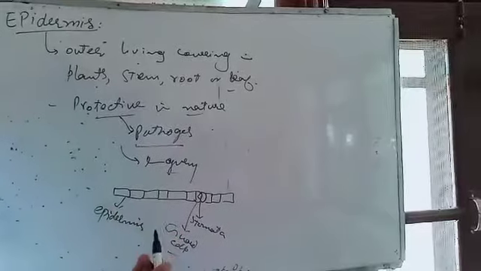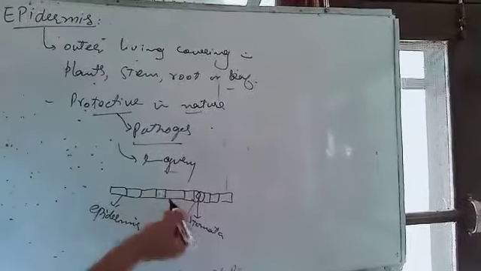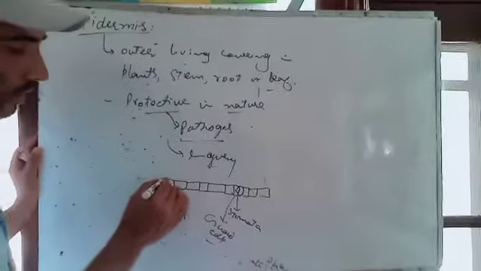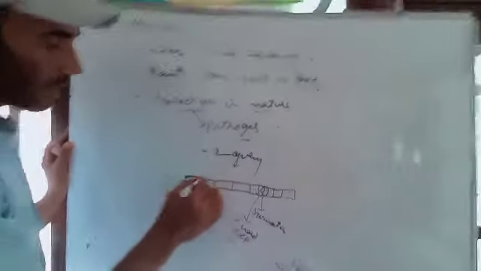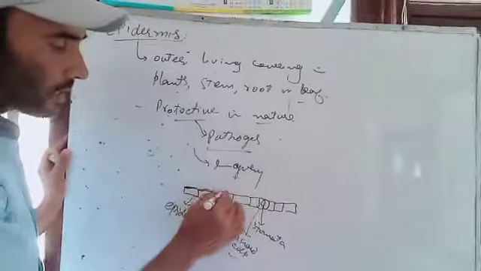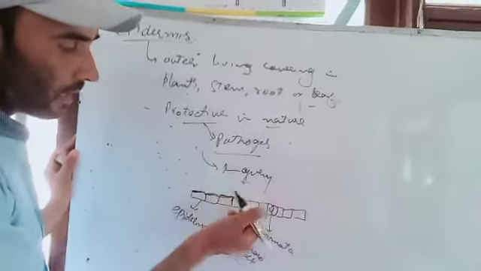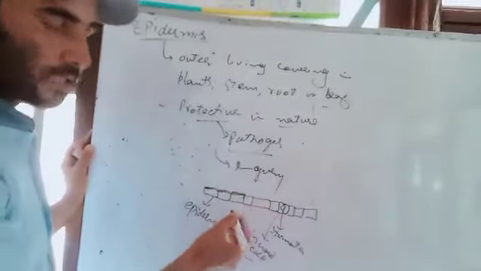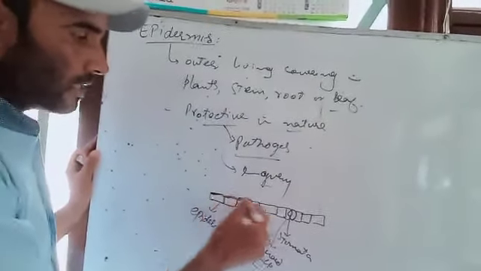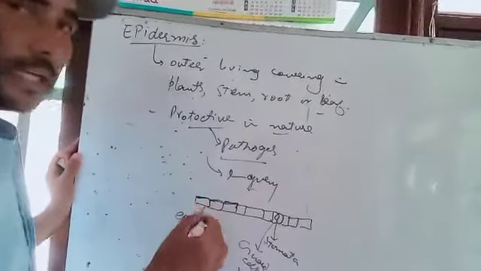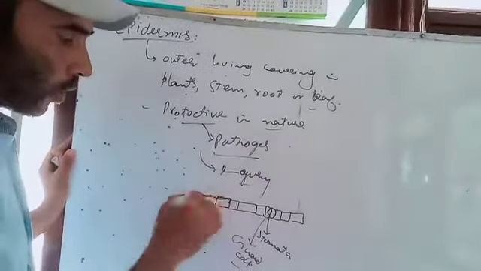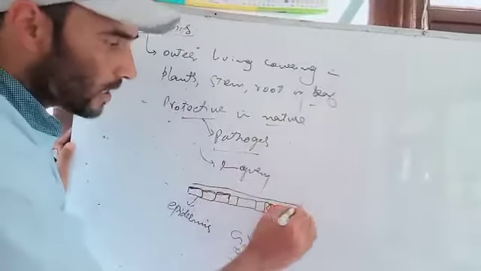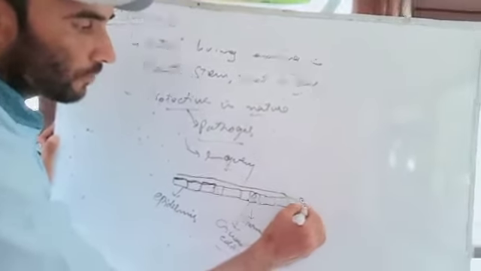This epidermis usually has rectangular shaped cells. The outer walls or cell walls of the epidermal cells are thick, and these epidermal cells release a substance over the epidermis to prevent the loss of water, that is known as cuticle.